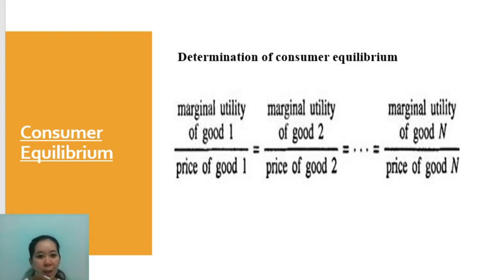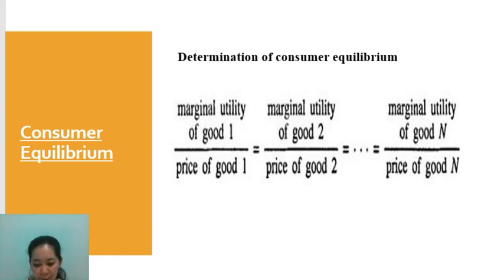We will use an example of one consumer who knows the price of good number 1 and good number 2, and that consumer also has a fixed income or budget that can be used to purchase those two goods.